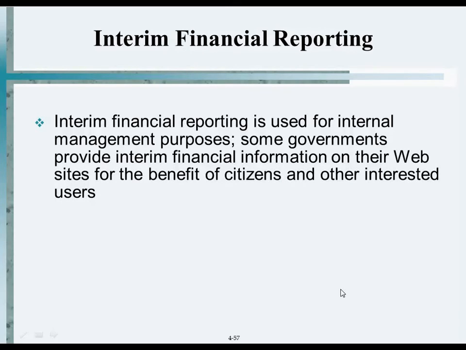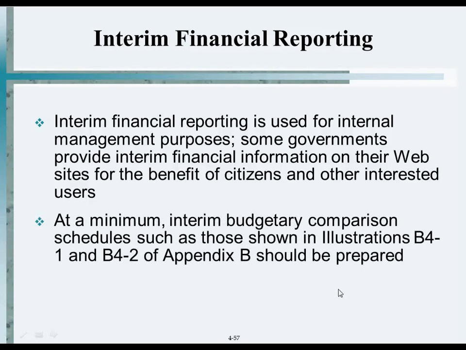Interim financial reporting. Is GASB's reporting internally focused, externally focused, or both? Externally focused only. Which means with interim reporting, you can do the statements as you want. Of course, you want statements which make sense, but you can pick your format.